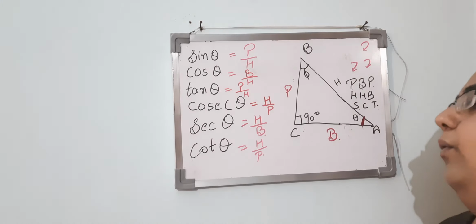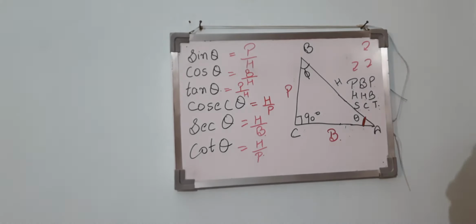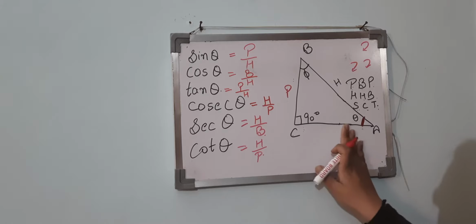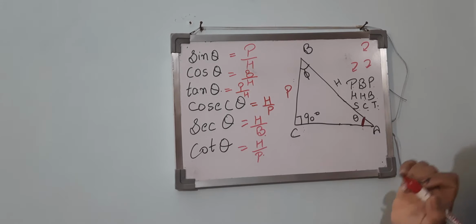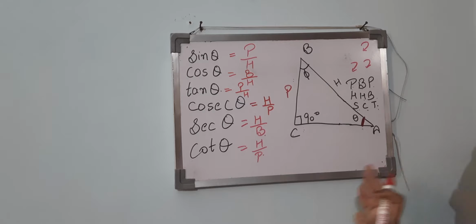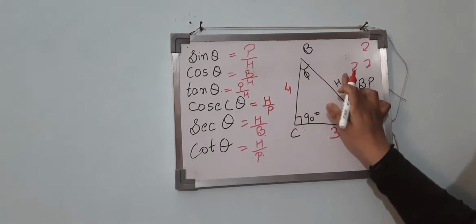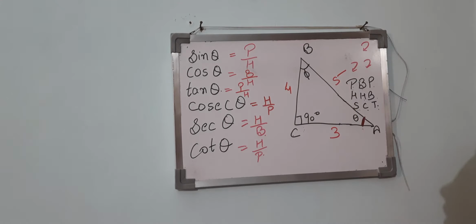Now what type of question will you get? Suppose you get a question in which you are given that in a right angle triangle the values of sides AB, BC and AC are 3, 4 and 5.